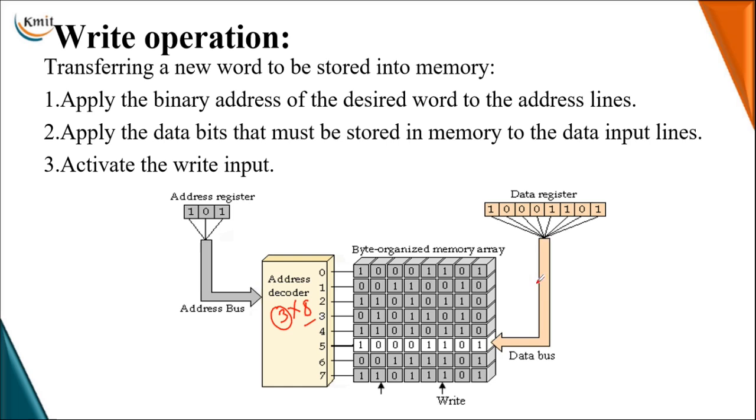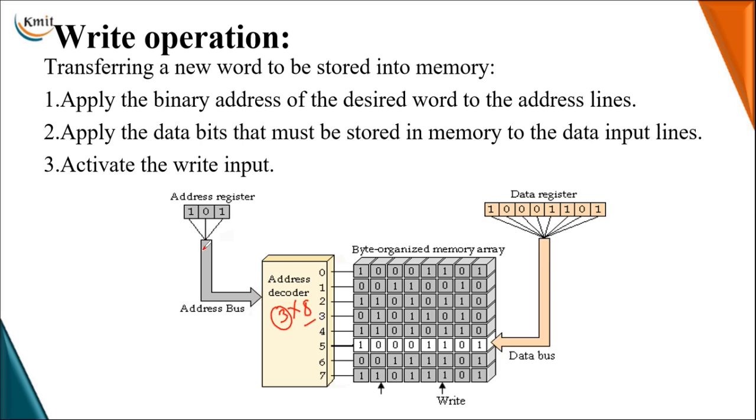Now the data bus travelling between your data register and the memory is a bidirectional bus. This shows the bidirectional data transfer: you can transfer data from the memory to the data register, or transfer the data register content into the memory. Hence the data bus is bidirectional, whereas the address bus only has one way of entering data.